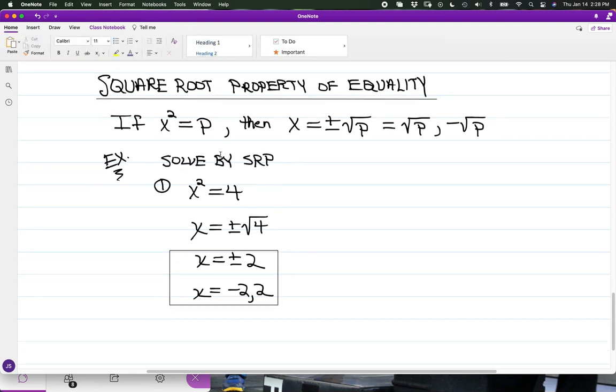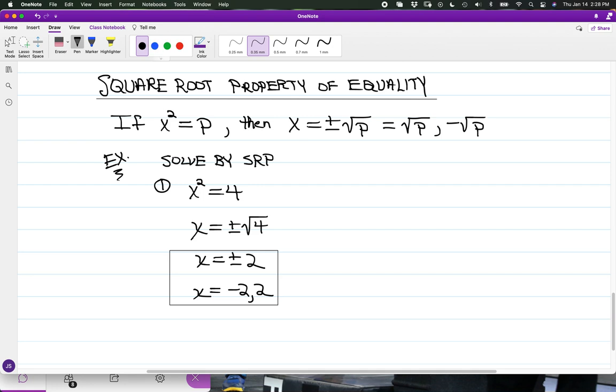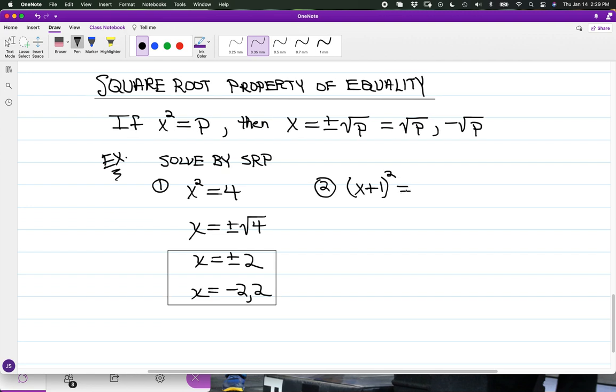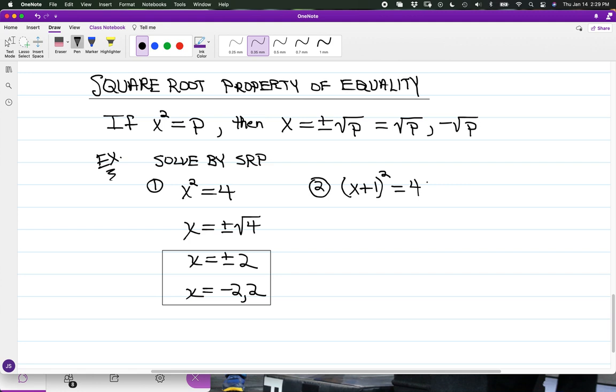Now let's say we have more than just the square of a single term, and say we have the square of x plus 1 equal to 49.